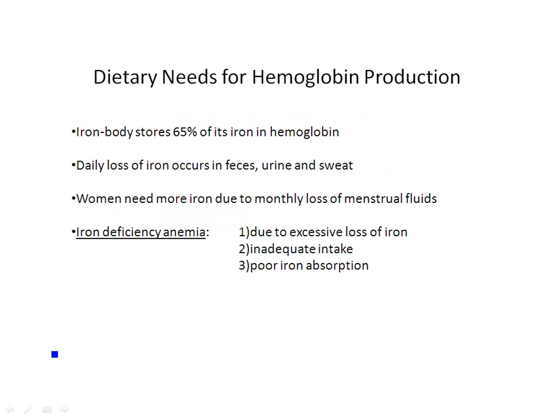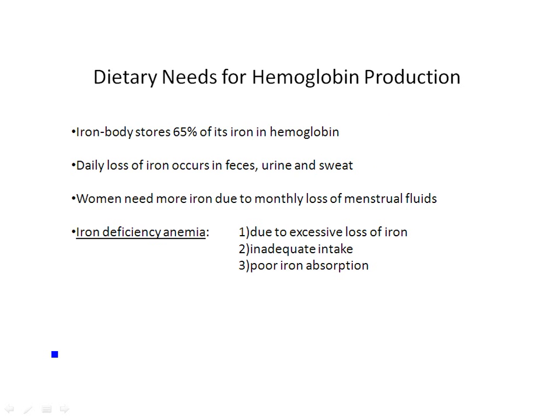When you're making hemoglobin, you've got specific dietary needs that we mentioned, and I just want to go through these and show you what happens if you don't have the right dietary needs to make hemoglobin. So let's start by talking about iron. Your body stores most of its iron in hemoglobin, like 65% of it is tied up in hemoglobin.